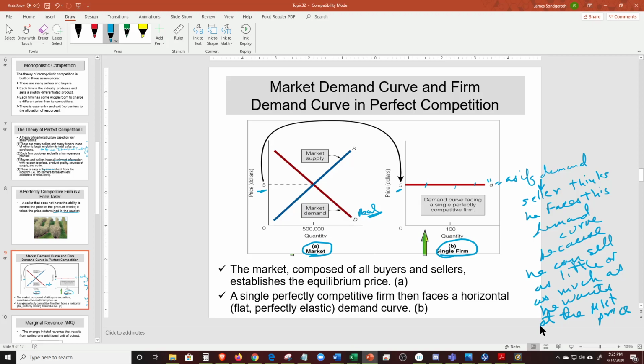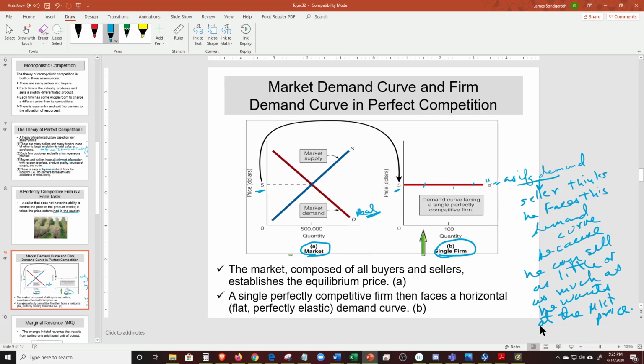All right. So that's why I call this the as-if demand curve, because the seller treats this as if it is the demand curve he faces if you're a competitive firm. Like if you're a farmer growing soybeans or sorghum. Sell as much or as little at the market price as you want.